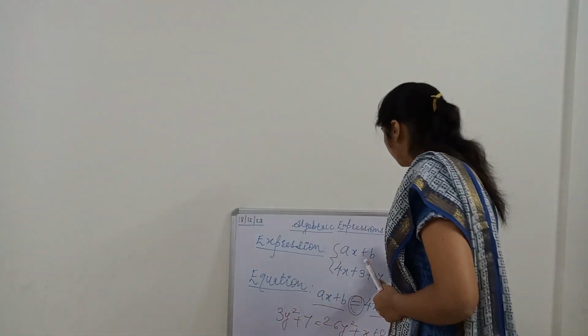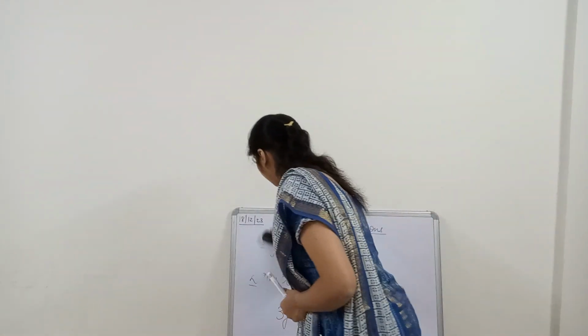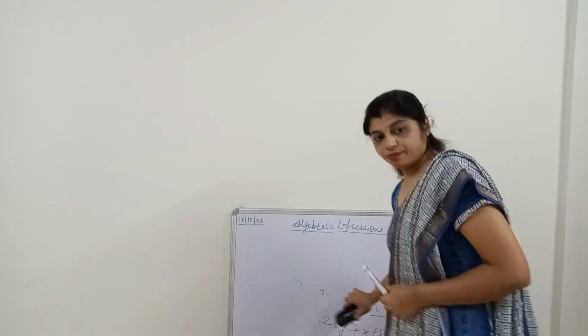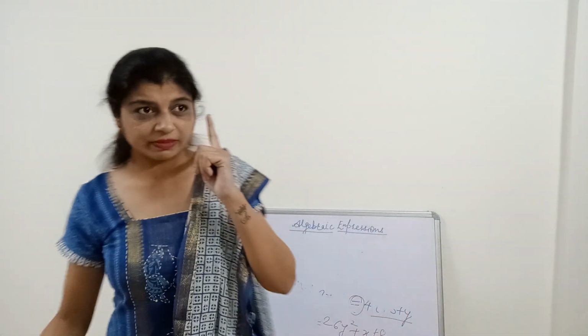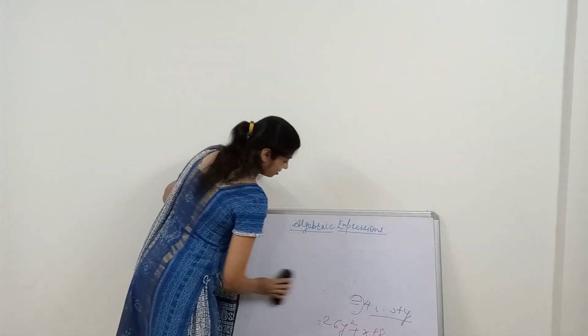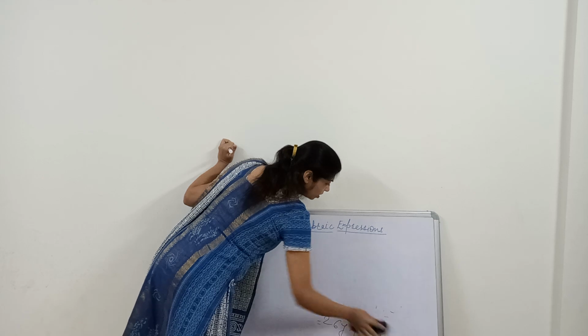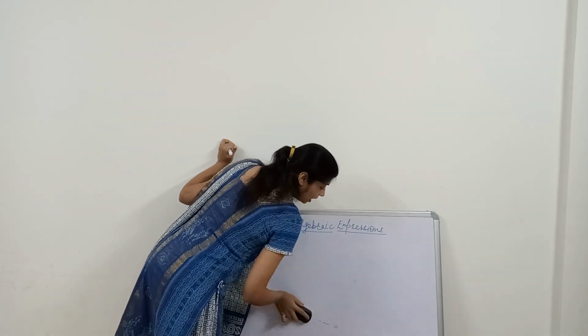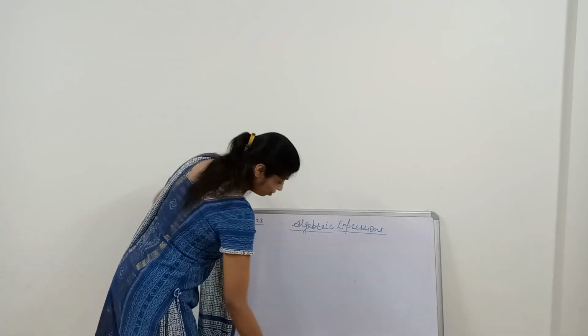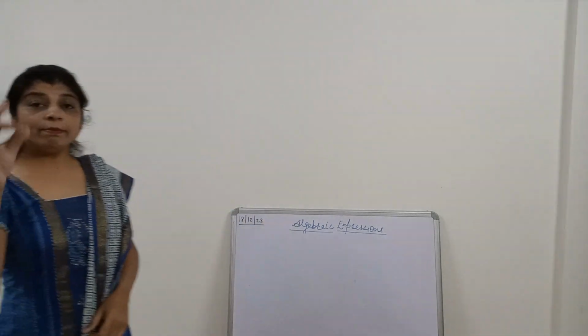Then it comes to how to solve the algebraic expressions or equations both. For this, the first very basic thing you should know is like terms and unlike terms. What are like terms and unlike terms? Like terms means the terms that have the same variable with the same power.